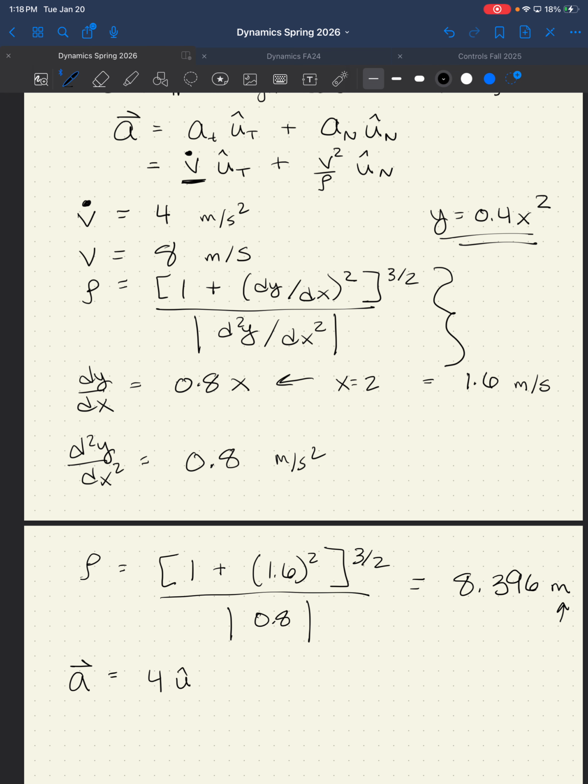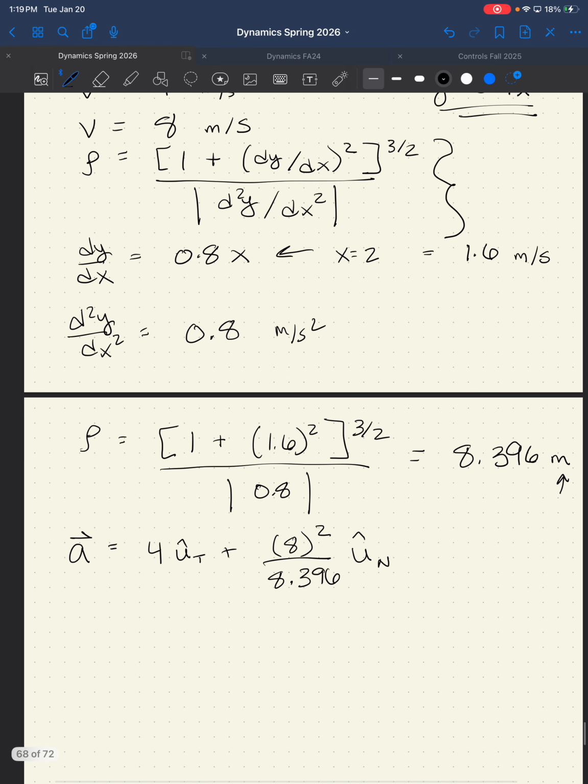The other thing you might need to know is the arc length of a circle. Why do you think you would need to know the arc length of a circle? Yeah, so you know the path length. Yes, it's so that you can calculate the distance along the path, that position s that we described for NT coordinates.